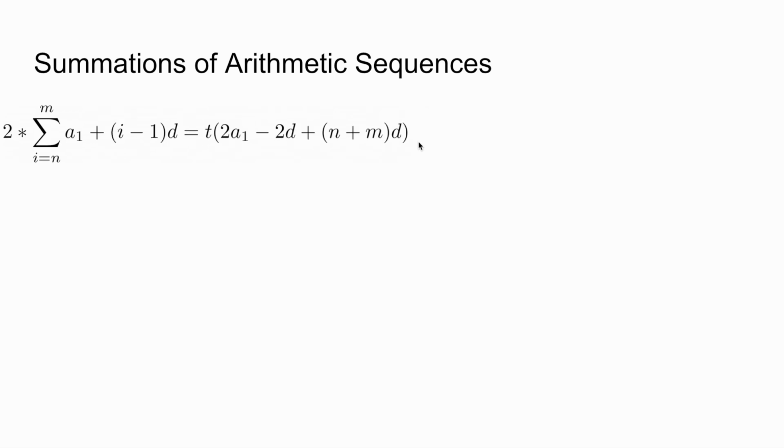And we can factor out the t, and the way we can get t is by doing m minus n, but then we have to add a 1, because if we just did m minus n, it would be if one of these were included but not the other one, but we know that both n and m are included when we go from n to m.